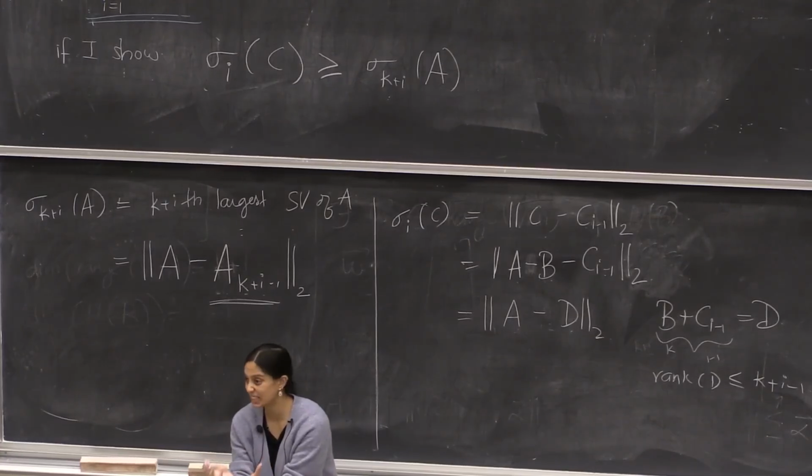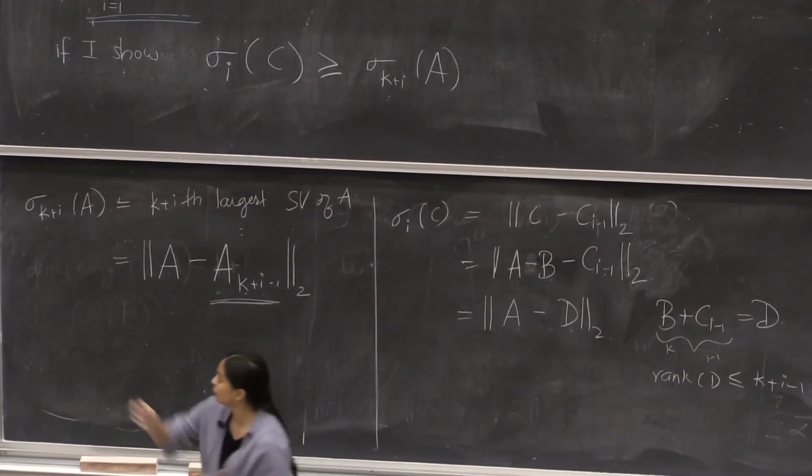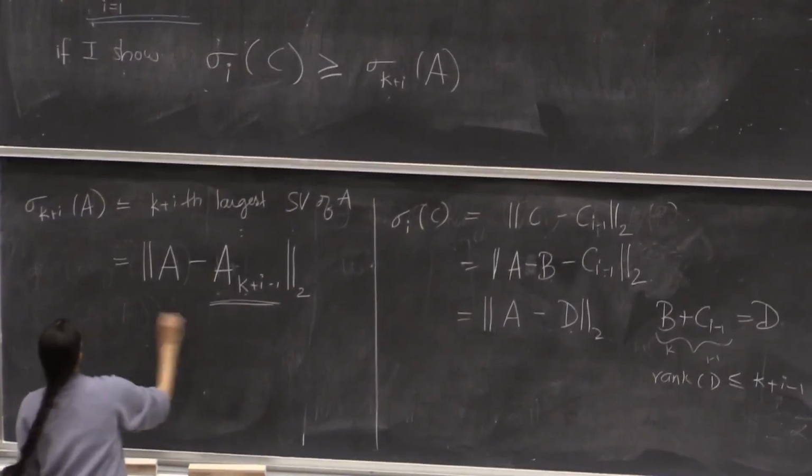The k plus ith singular value is what is going to be left over, in the norm sense, which is exactly what we have here.